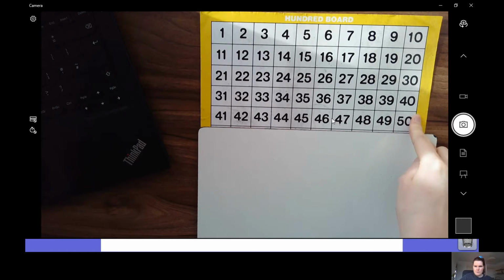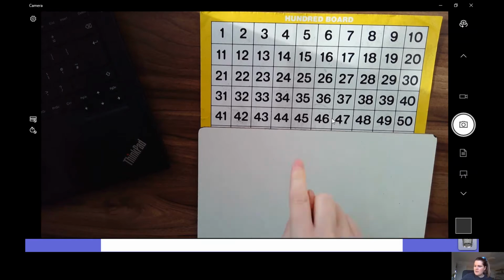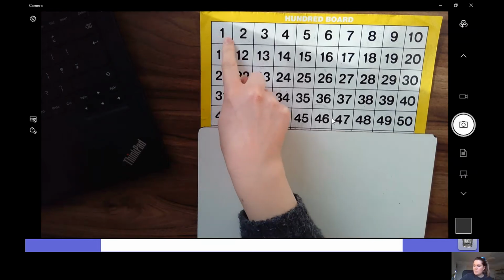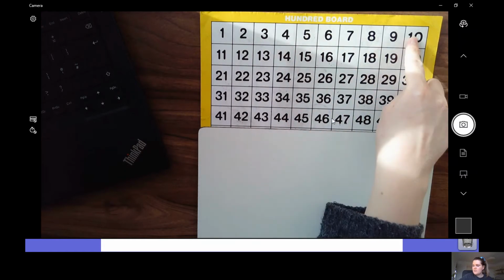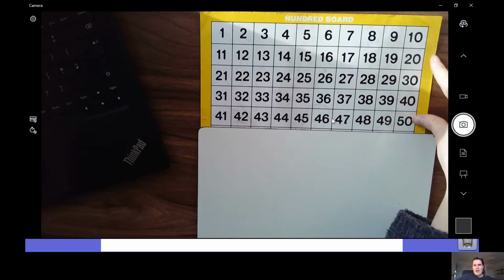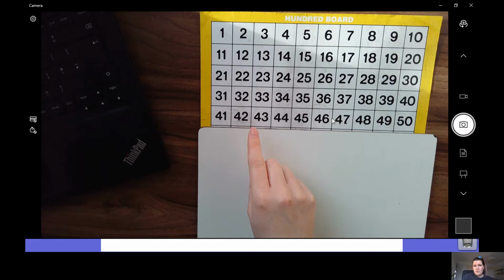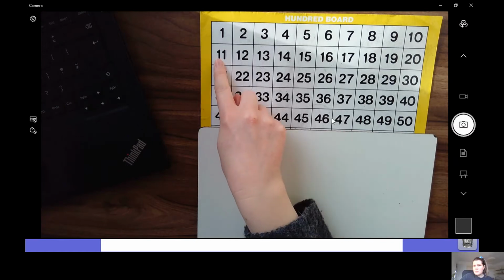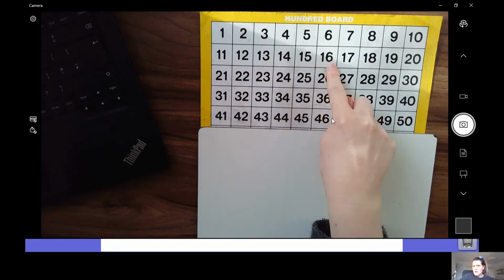For example, if I'm looking at this grid here, I might notice that all these numbers are ones. And all of these numbers have a 10 and a 1. I might also notice that all these numbers start with a number 1.